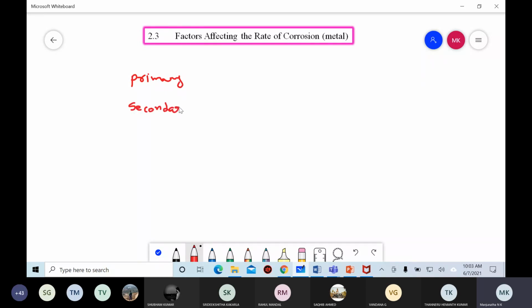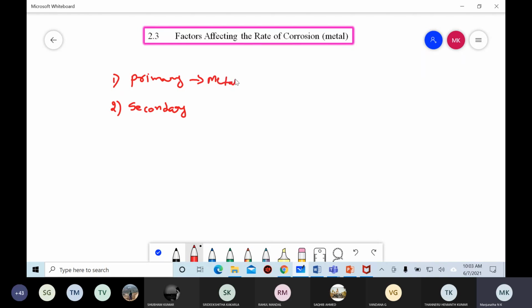These are the two types of factors which affect the rate of corrosion. Because of them, sometimes the metal undergoes corrosion very fast and sometimes very slowly. Coming to the first one, primary factors are due to the metal.